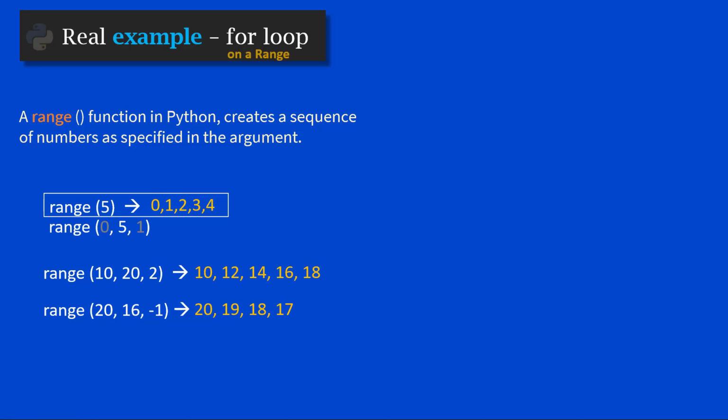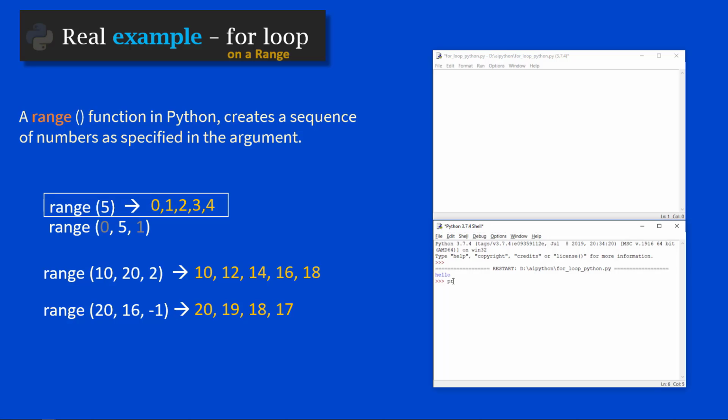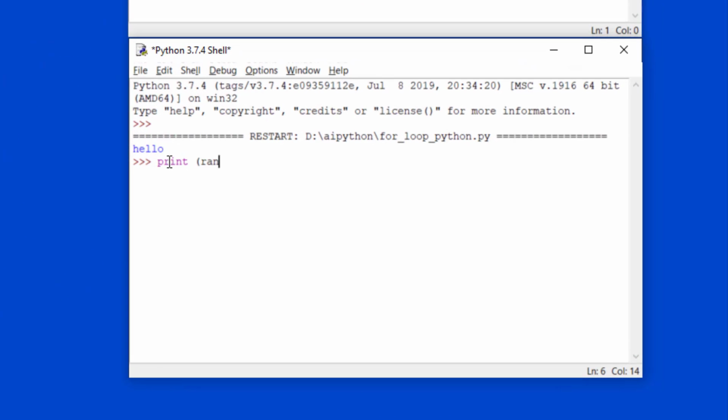Let me give you a quick demo of this range function. Print range and let's say 5. When you give 5 and execute it, it will give a range object. It will not give you the result. If you want to get the result, and you are in the interpreter, you don't have to write print. Instead, you can directly get the result: list of range 5. You will get the result 0, 1, 2, 3, 4, right?